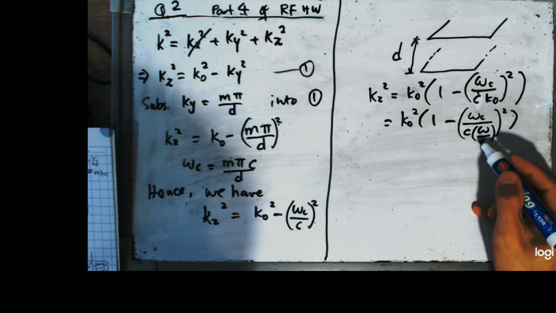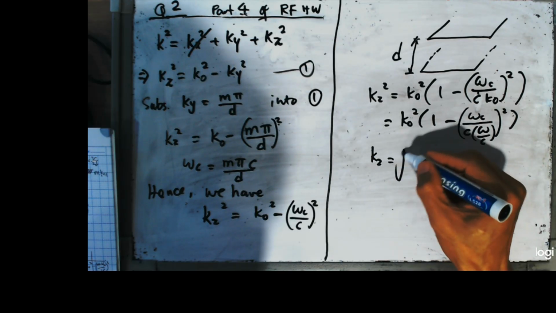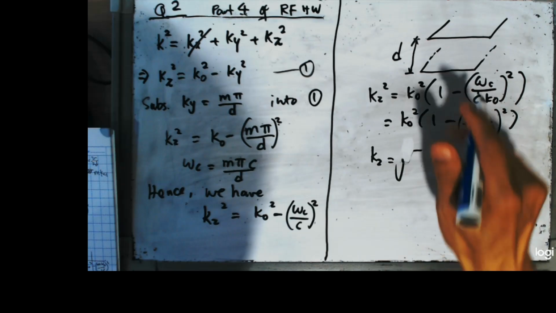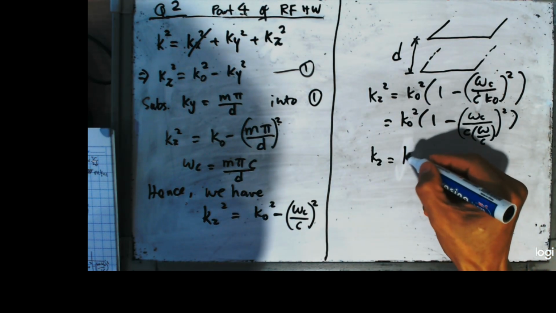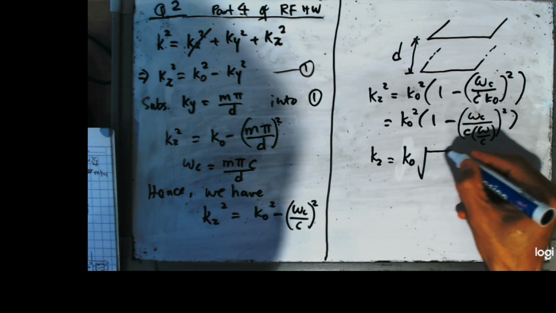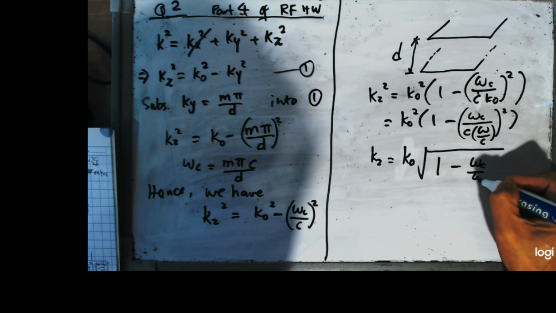So from here you can quickly conclude that kz is equal to k naught times the square root of 1 minus omega c over omega squared.